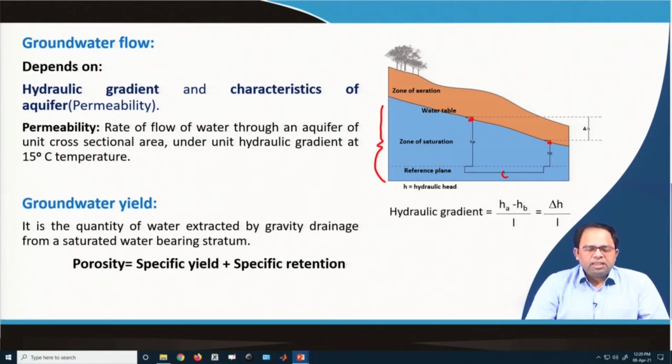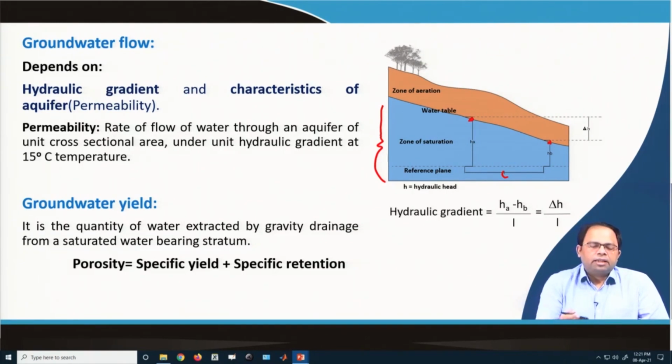What it means is that water flows through the aquifer, and we take just a unit cross sectional area and a unit hydraulic gradient. If the hydraulic gradient is more, the rate of flow would be higher.